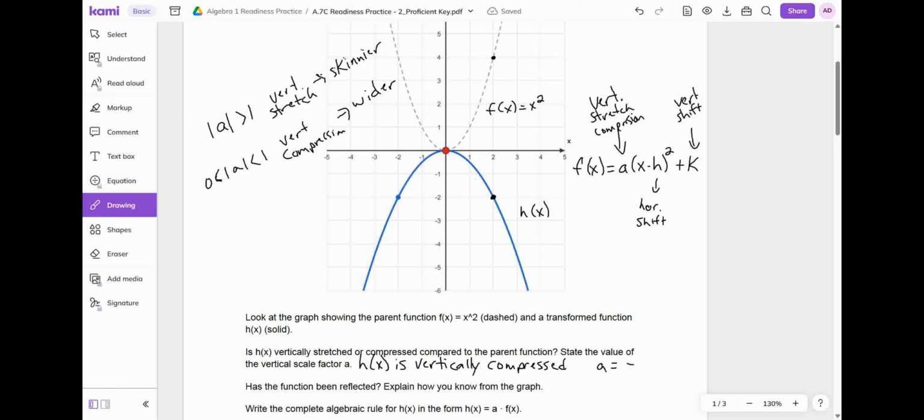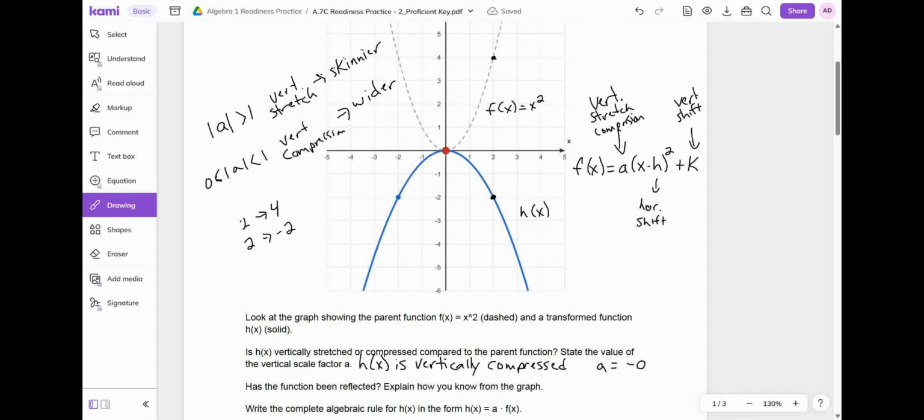Now we need to take 2 points, right? So my x of 2 went to 4 on f of x, and my h of x went to -2. Well, what happened? First, it became negative, but then my 4, if we take the absolute value, got cut in half. So it looks like what we're doing is we're multiplying the f of x by 1/2.